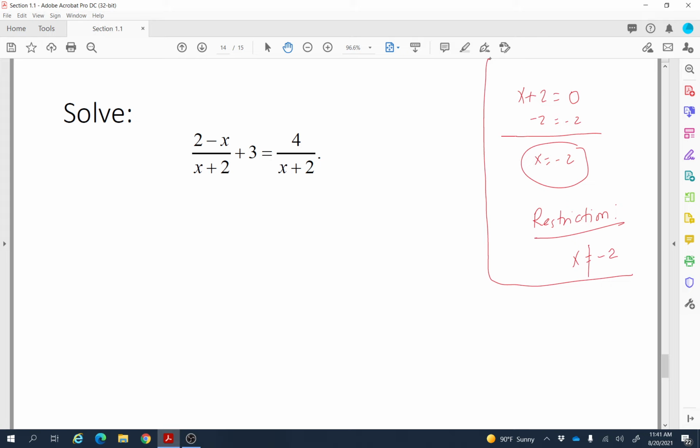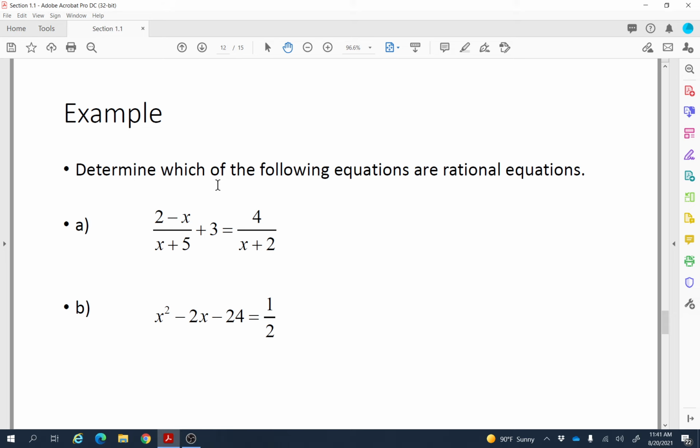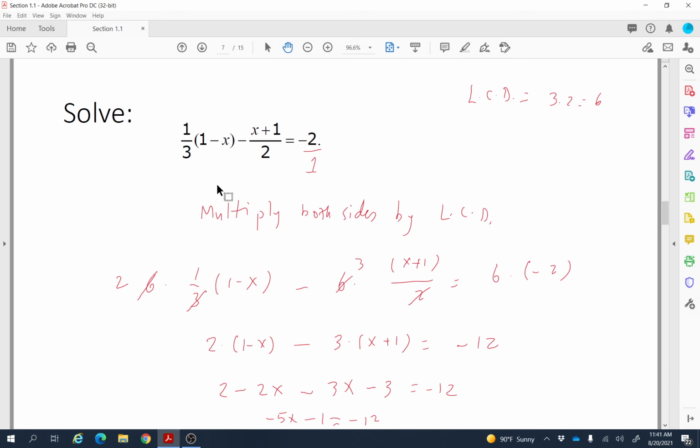Now, to solve the equation, first you have to find the least common denominator. The way we did the example with rational number fractions, we found the LCD, multiplied both sides by that LCD, and then solved the problem.